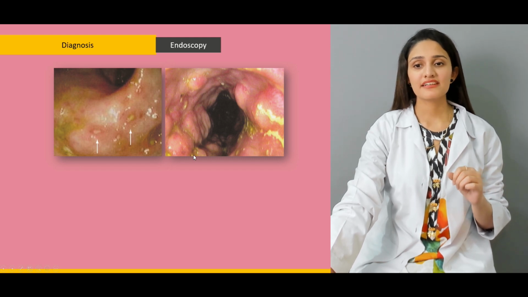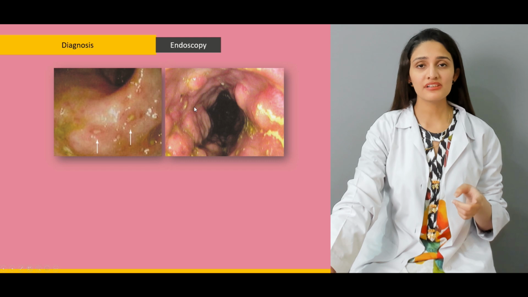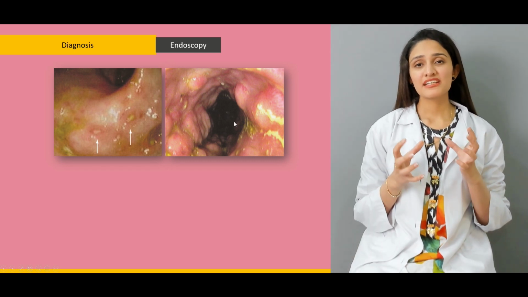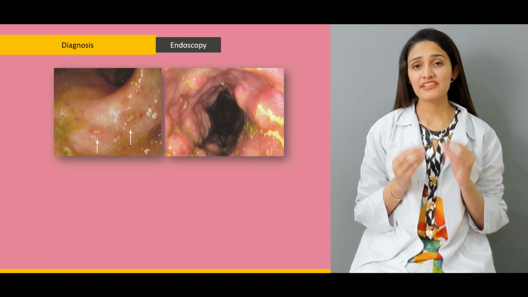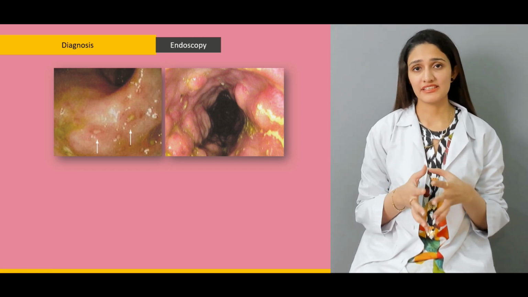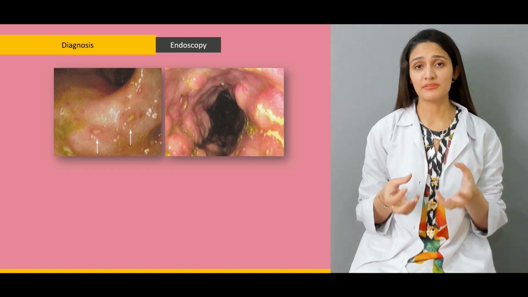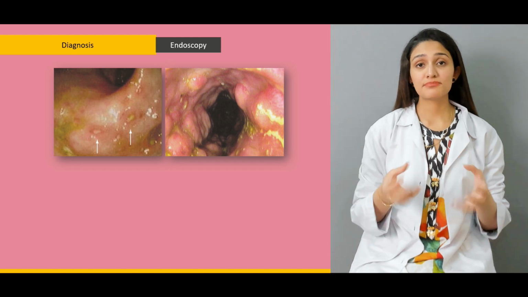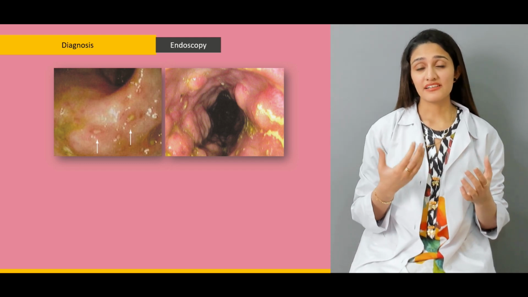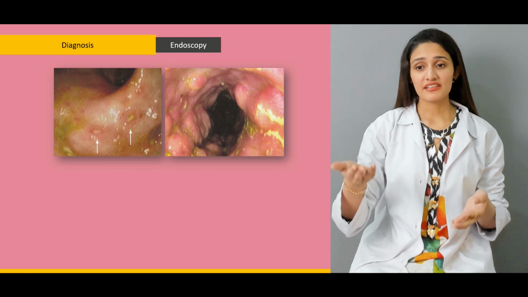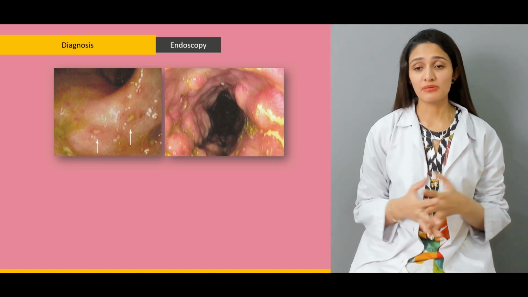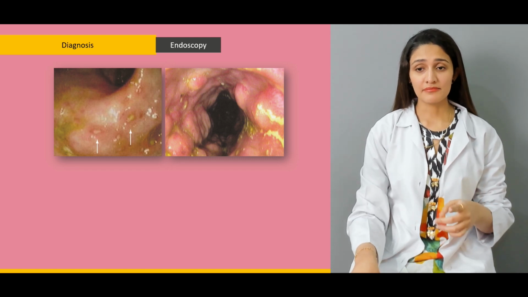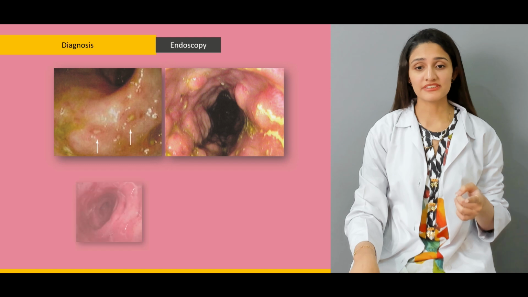Secondly, we can see redness within the wall, so it's very erythematous, and this gives a very specific appearance which is characteristic of Crohn's disease, called the cobblestone appearance. This endoscopic picture resembles cobblestones, which is where the name is derived from.